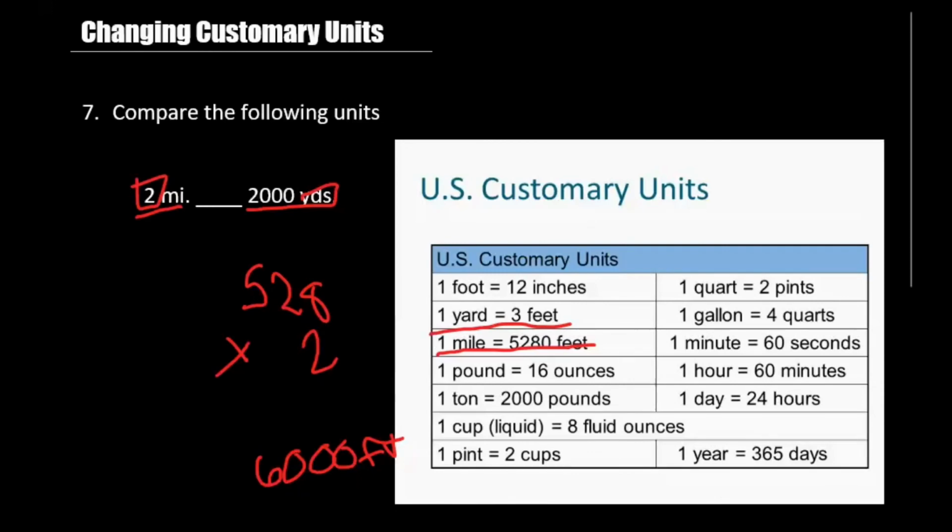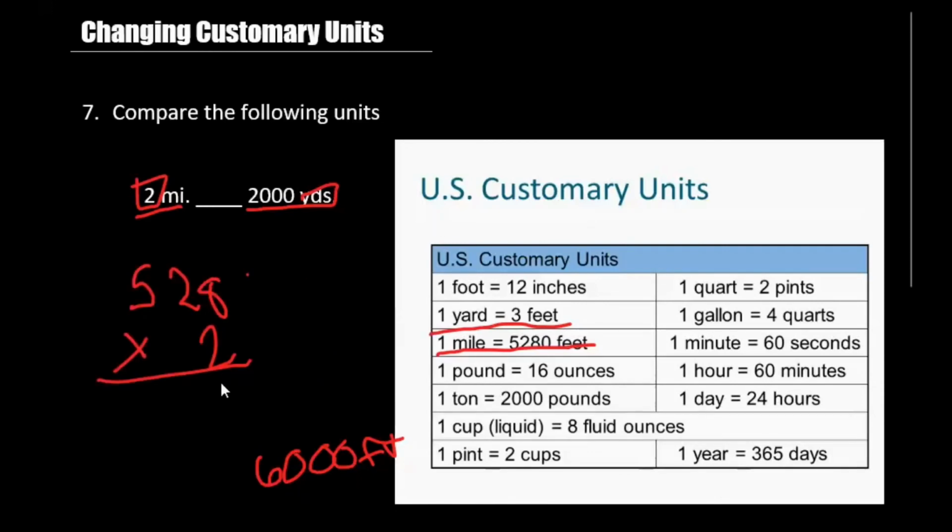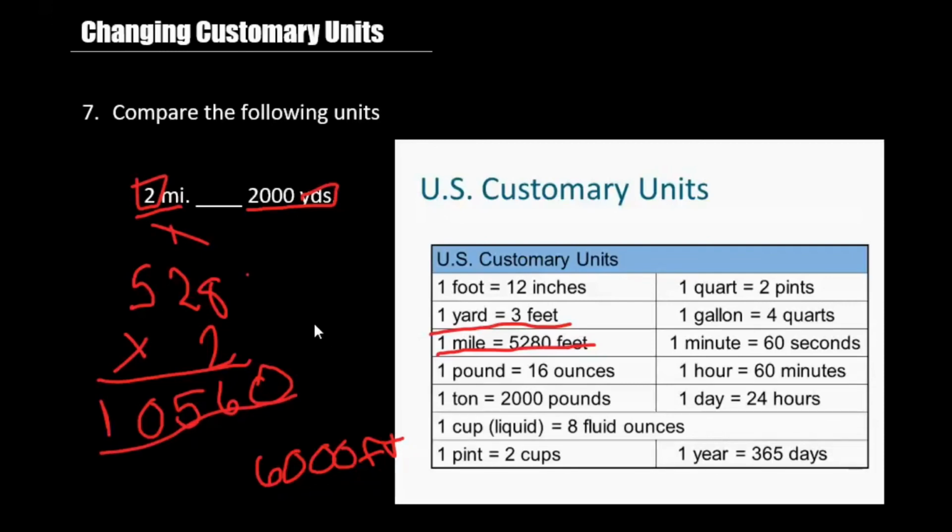So 2 times 8 is equal to 16, we bring up a 1 here. 2 times 2 is 4, plus 1 is 5. 2 times 5 is equal to 10. But we can't forget to bring back the 0 that we had crossed off. We place it at the end. So our answer is 10,560.